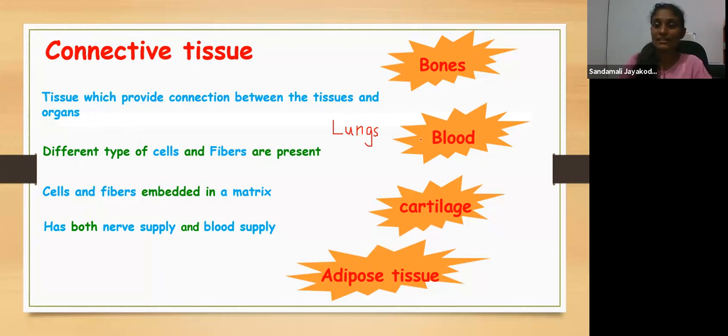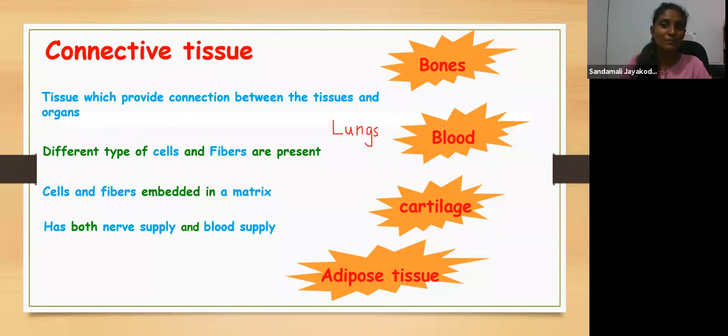Carbon dioxide is removed, oxygen is taken in. Then the blood goes all along the body and provides this oxygen to our cells. Each and every organ is connected with blood tissue, so it's a connective tissue.